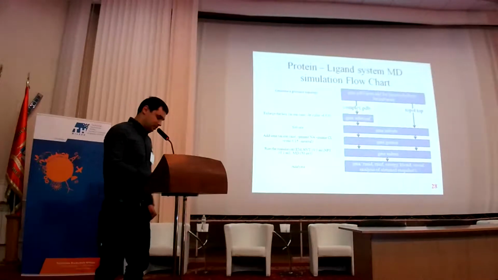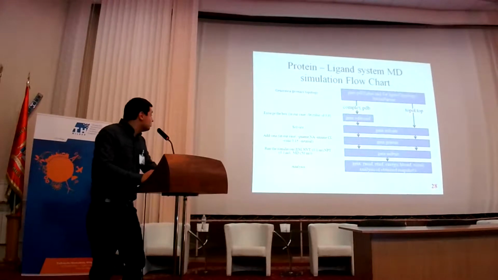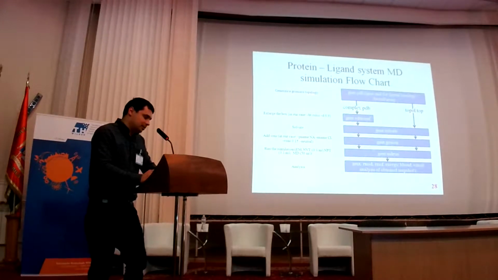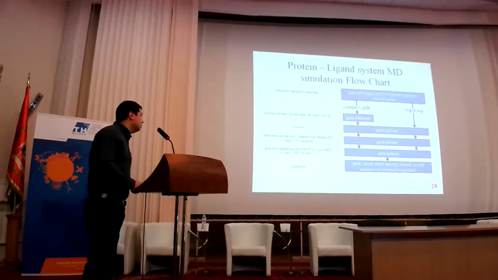The other stage we did, to obtain a more accurate result and estimate the stability of the complex, was MD simulation, and here you can see the full flow chart of the calculation we did.